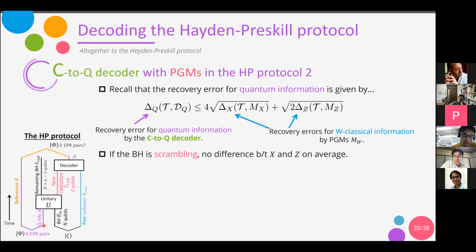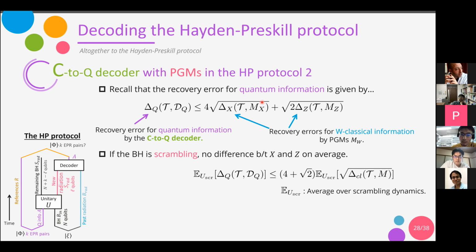Because even if we input Pauli X basis or Pauli Z basis, if this dynamics is scrambling, it doesn't make any difference, right? So on average, the X and Z information are the same if the dynamics is scrambling. Meaning that if we take the average of the errors over the scrambling dynamics, or random unitary, then this delta X and delta Z become exactly the same. So we have an upper bound in terms of delta CL, the recovery error for classical information.